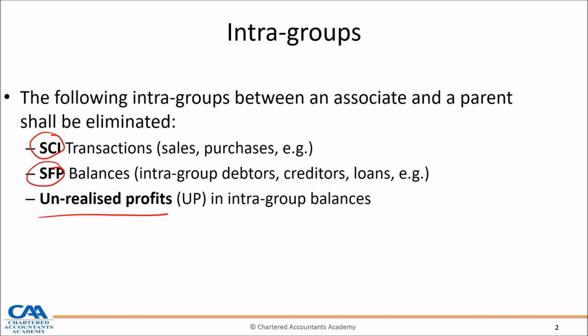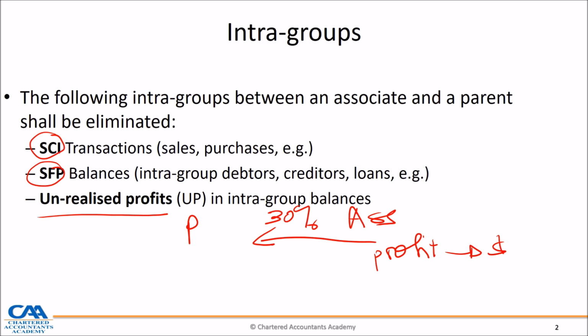When we talk about intra-group transactions, we are considering that you've got entity P, which we assume to be the investor in this case, and you've got the associate. If this associate sells anything to the parent company, and let's say there was a 30% shareholding, then by selling to the parent company, the associate is going to make a profit.